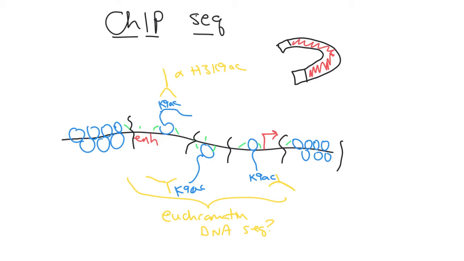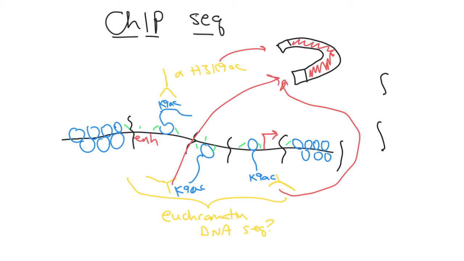But that basically attracts all of those antibodies, purifies them from the rest of the DNA, proteins, and so forth. So what we wind up getting is DNA sequence, little fragments of it, that were associated with histones that had lysine 9 acetylation on them.